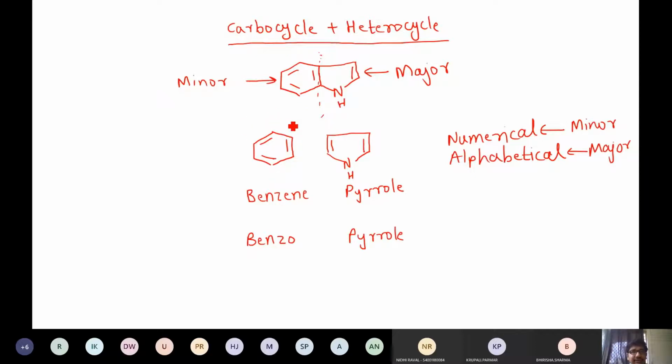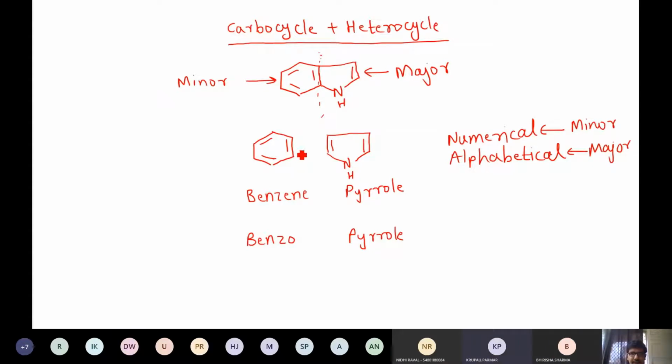What is the consideration that we take when we define numbers for the minor ring? Anyone remembers? So whenever we are assigning numbers to this minor ring, what is the thing that we take into consideration?